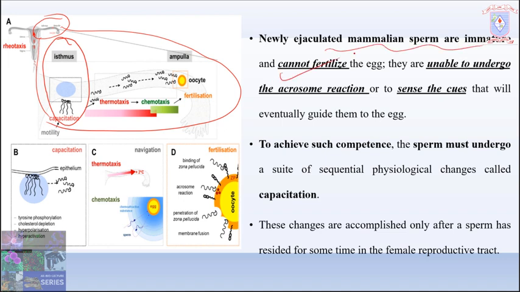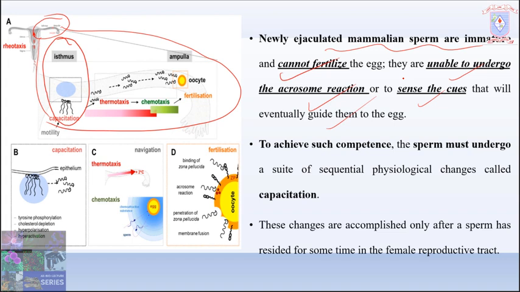So they are unable to undergo the acrosome reaction or to sense the cues that will eventually get them to the egg. So the freshly ejaculated mammalian sperms from the male reproductive tract are in an inactive condition. They get activated only in the female reproductive tract. That activation process is called capacitation.